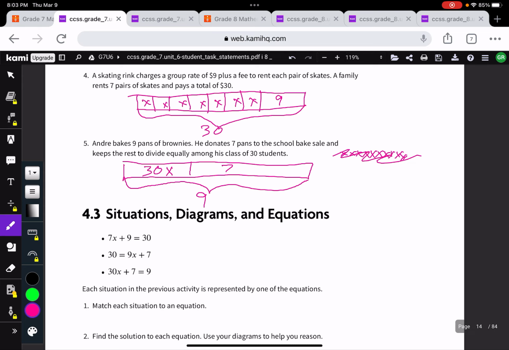Number 4.3 is going to use all of those pictures we just drew and translate those to an equation. So if you notice, it says each situation in the previous activity is represented by one of these equations. Match each situation to an equation.